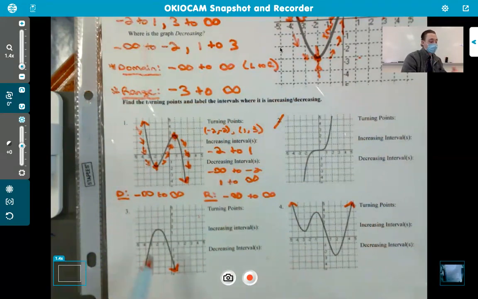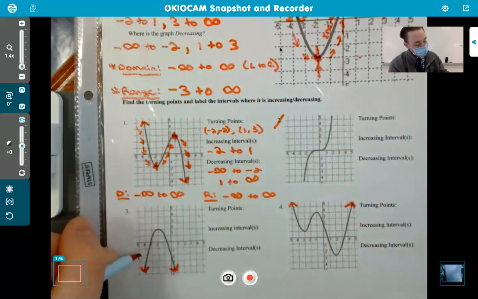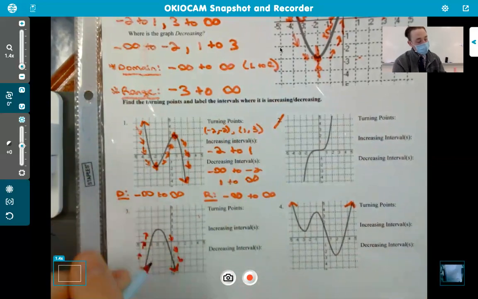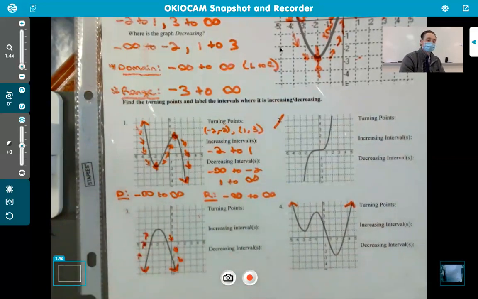All right. Let's take a look at example 3. Maybe somebody from home help me out with the turning point for example 3. When do I start to go from, in this case, increasing to decreasing? What's my turning point? -2, +2.